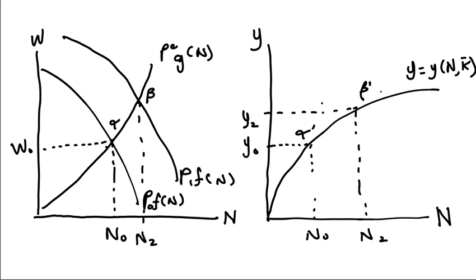Now, when price changes, it takes time for expected price to change. And remember, this is the Keynesian case. The price won't change one-to-one. So when price increases, we can also see here nominal wage increases from W0 to W2.